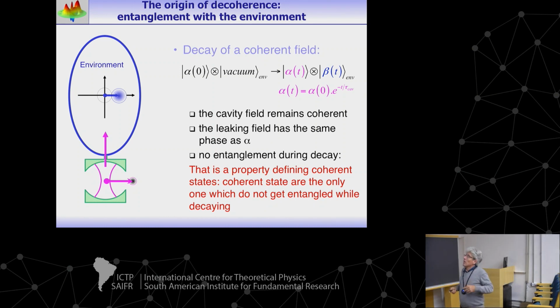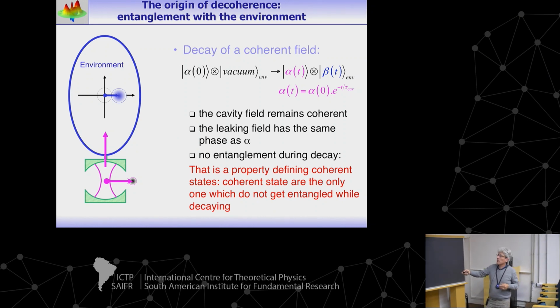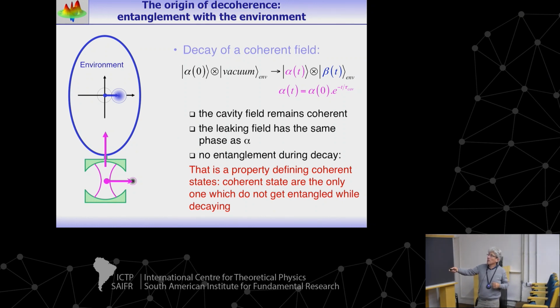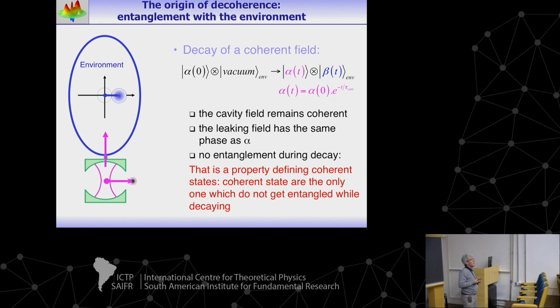So the evolution starts with, let's consider first not a cat state, but a coherent state with the environment in a vacuum state. So what do we expect from the Schrodinger equation, from the coupling between these two systems? One mode here in the cavity with many, many modes in the environment. That's a problem which can be solved exactly because it's basically a problem of coupling between harmonic oscillators.